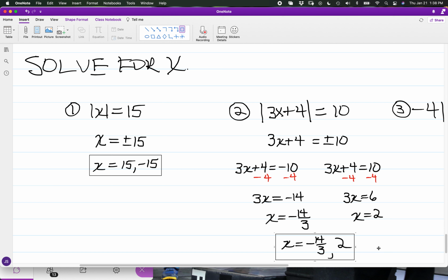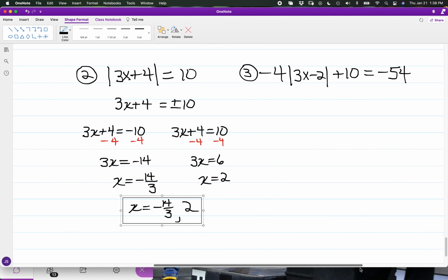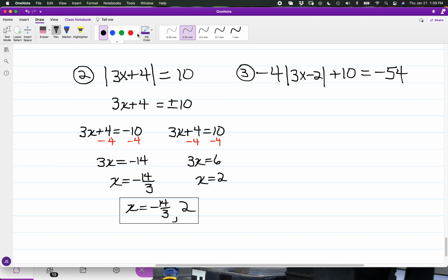Right. Now, for the third item, we have negative 4 times the absolute value of 3x minus 2 plus 10 is equal to negative 54. And again, there might be a tendency or temptation to distribute negative 4 over all of 3x minus 2. But again, with absolute value bars, you do not treat them as parentheses, as grouping symbols. So just working around this, we can undo the addition of 10 upon subtracting 10 on both sides.